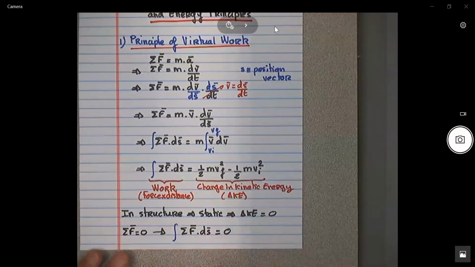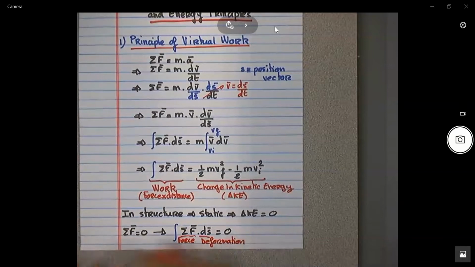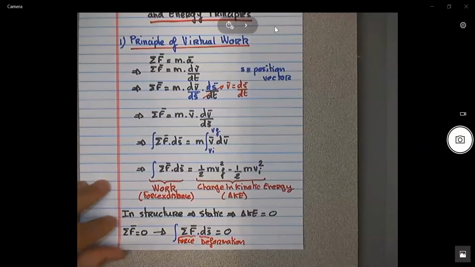All right, so over here, this is force, this is easy. And the important thing to see here is that this is deformation. So this is important: work is force times distance, or force times deformation. Okay? So the whole concept of this, and it's an extremely powerful tool, is that let us assume a deformation that we're going to call a virtual deformation.